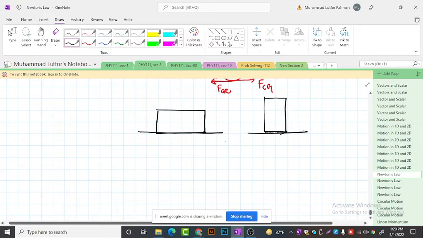In both cases, the frictional force on that block will remain the same. It's not going to change because the frictional force is independent of the surface area. It depends on the material property. Unless you change the material, the frictional force on both blocks is going to be the same. It's not going to change at all.